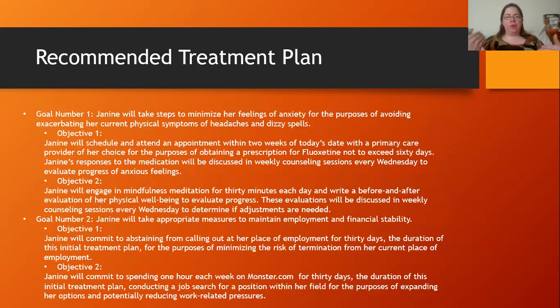So I wanted to have Janine commit to spending 1 hour each week on monster.com for 30 days, the duration of this treatment plan, to conduct a job search for a position that is still within her field. But again, we want to look at expanding her options and potentially reducing work-related pressures.